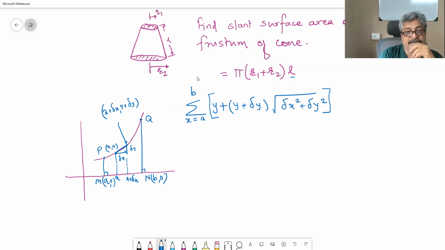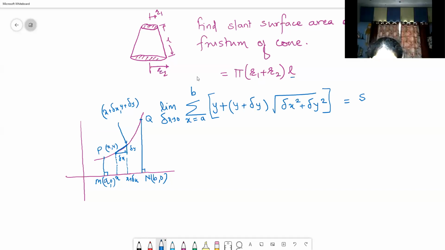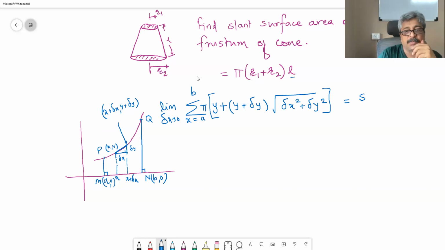And if we take the limit of this as delta x tends to 0, it is going to be the required surface area S. That is equal to, is that correct? Yes. Could be a pi also. And pi, yes, pi somewhere.